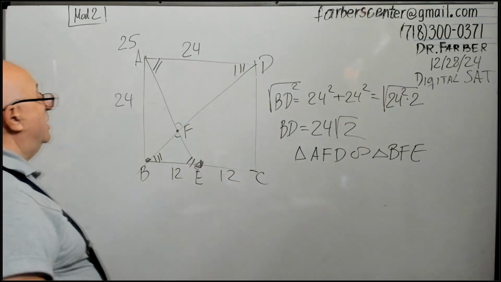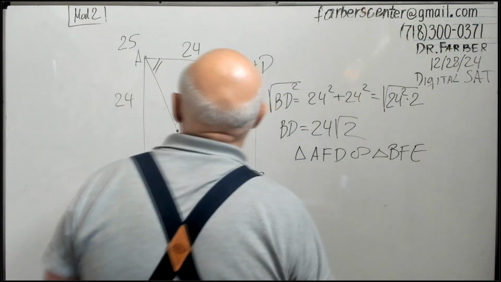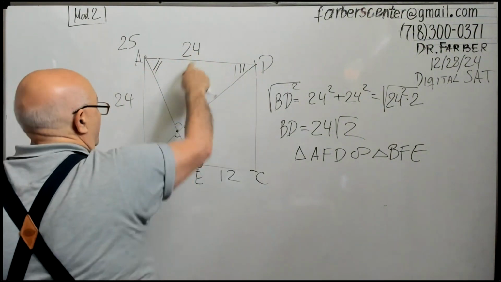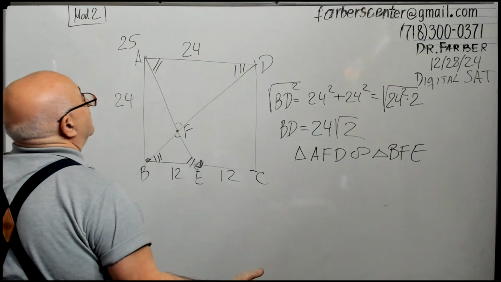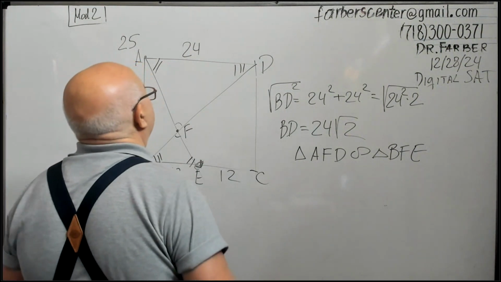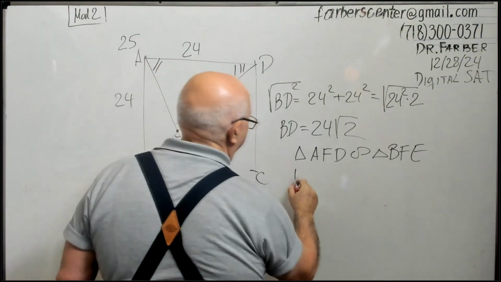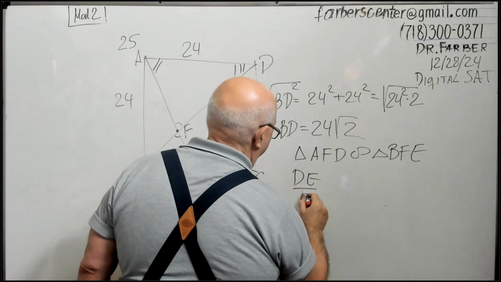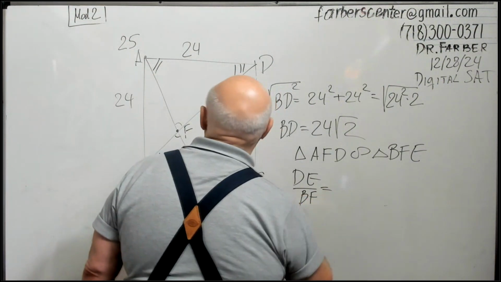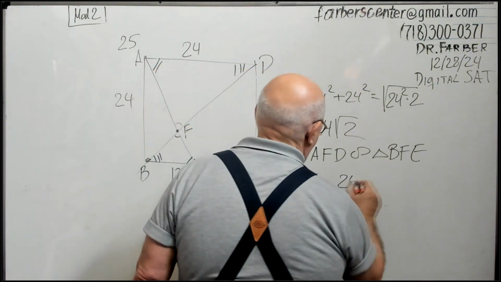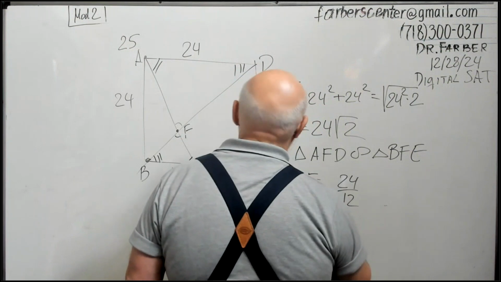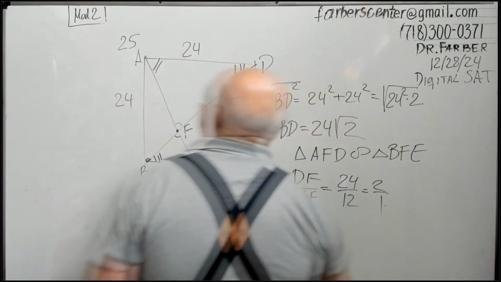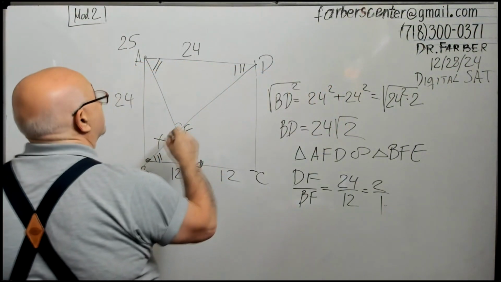Similar. If they're similar, the sides are in proportion. So this side to this side is 2 to 1. And you can write that DF, the bigger side, to the related smaller side BF, equals 24 to 12. This is DF, or 2 over 1. It means if this is x, this is 2x.